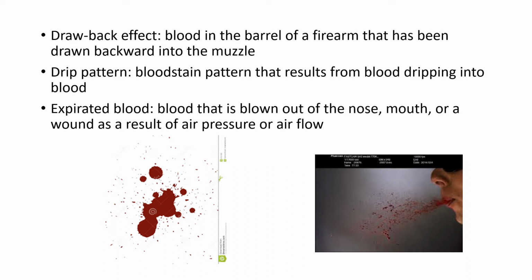If someone is hit and they have blood in their mouth, they go to spit it out. That spitting action is creating an expirated blood pattern. Same thing if someone has a wound and it's near their lungs or it punctures their lung. Whenever they breathe, air is pushing blood out of that wound itself.